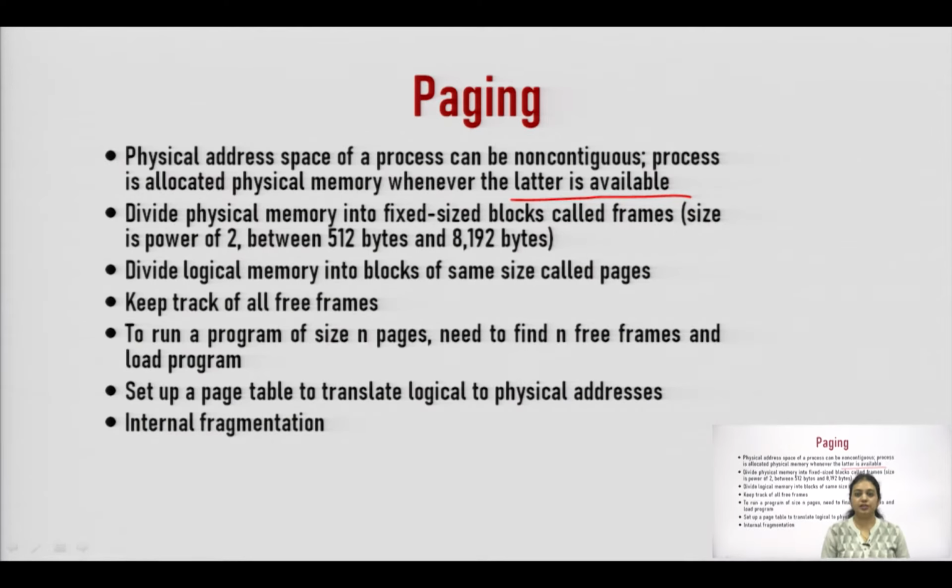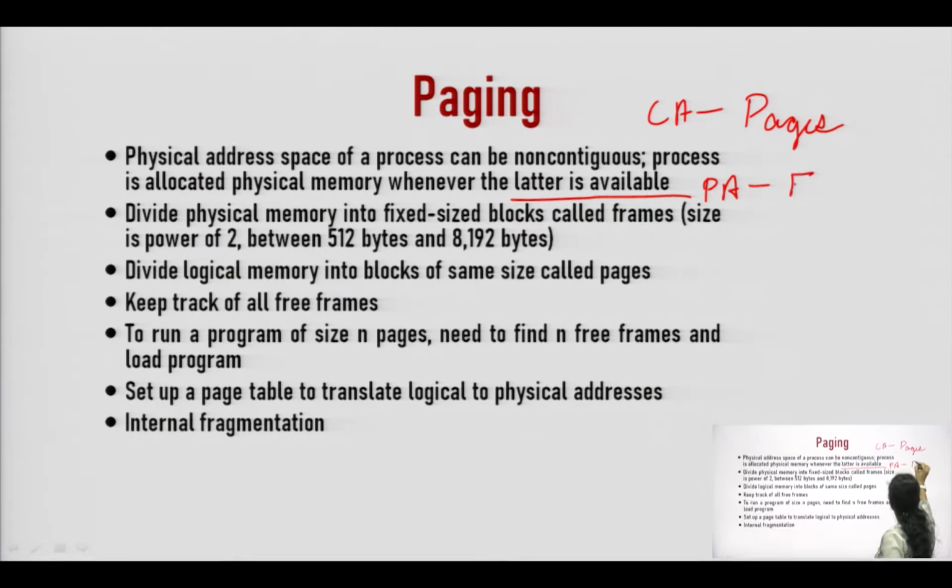We divide our logical address space and physical address space into equal sized blocks. The blocks in the logical address space are termed as pages, and in physical address space they are called frames.